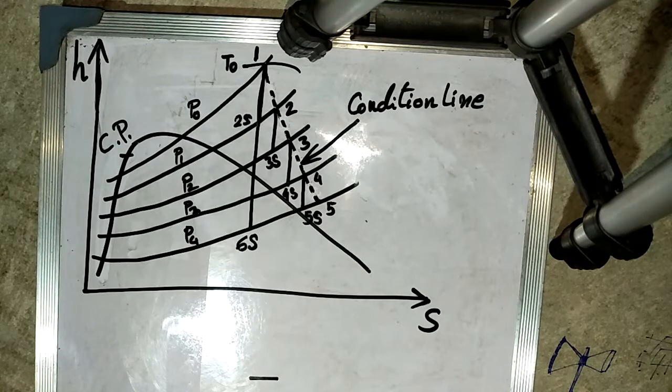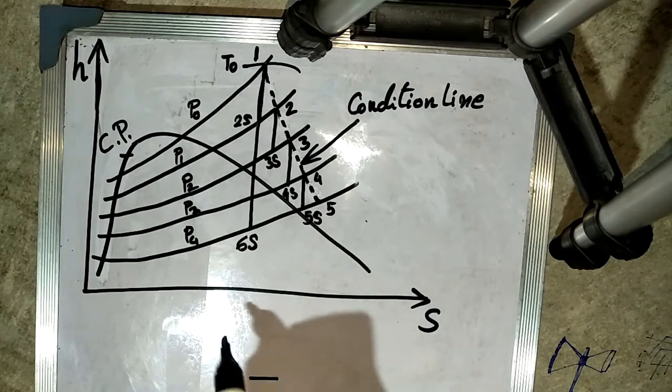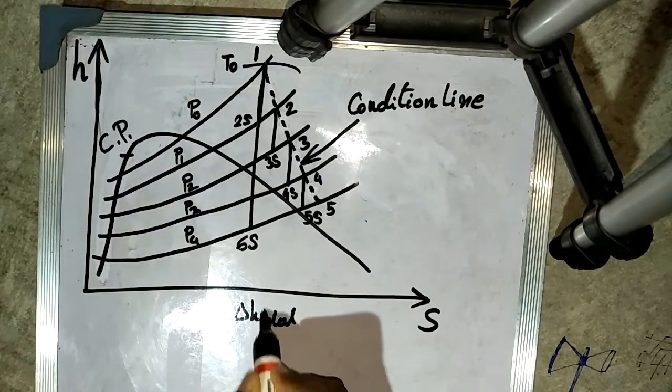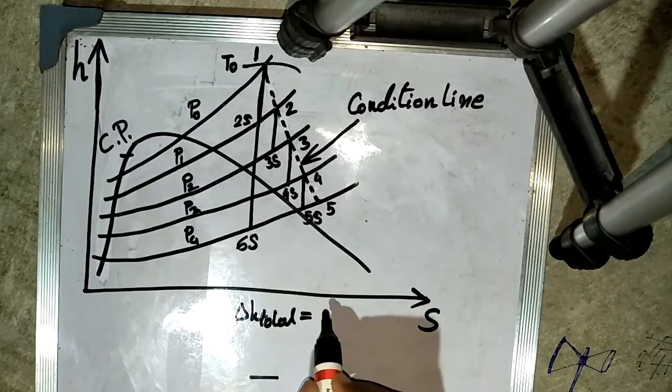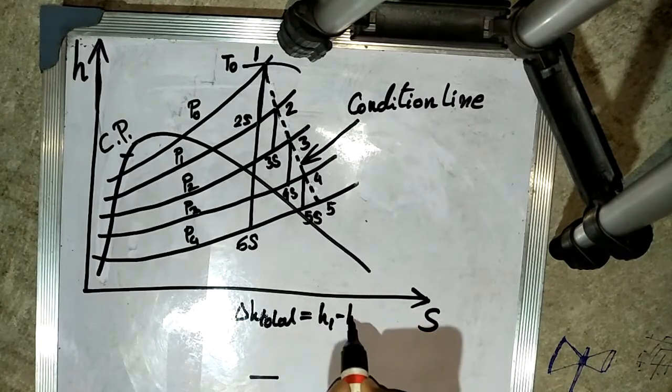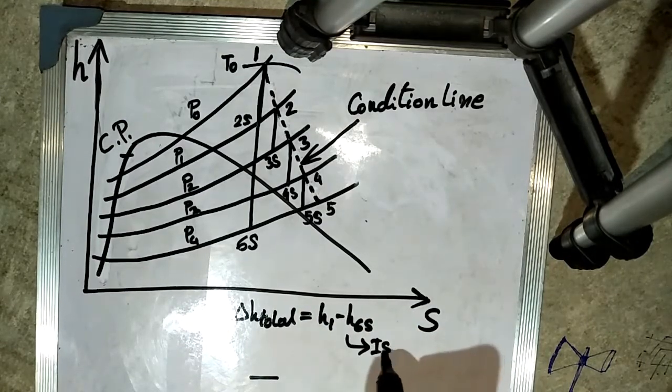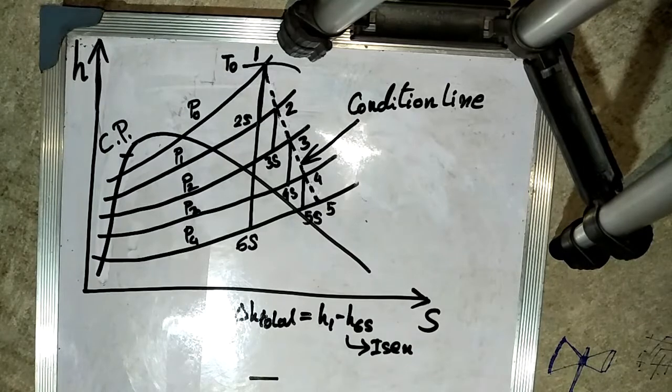By the term called the reheat factor, the total isentropic enthalpy drop, that is H total, is nothing but H1 minus H6S, and it is divided equally into 4 parts in the 4 stages.